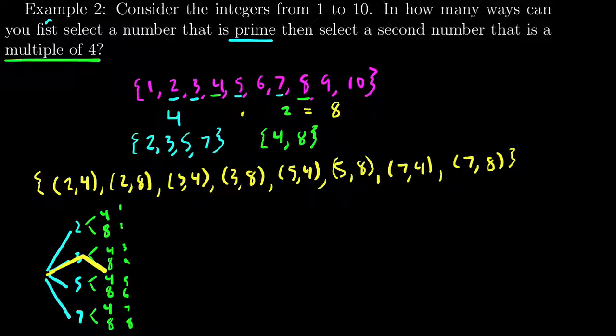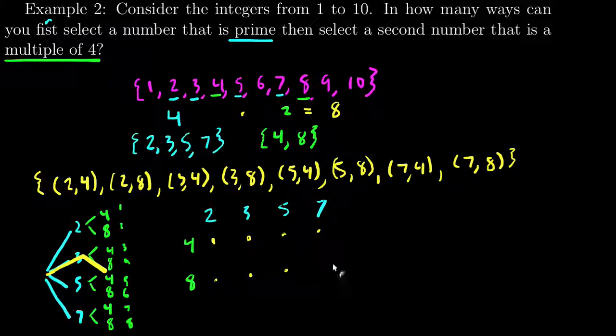I could also represent this as a two-way table where I pick my first number, either 2, 3, 5, 7. And then I pick a multiple of 4, 4 or 8. And in here, I'll just put little dots, but we have 8 possible outcomes.